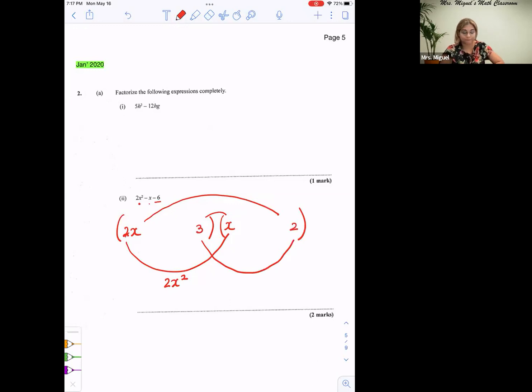Now watch this. 3x, and this is 4x. I want to get minus x, so this must be negative and this must be positive. For 2 marks, it is trial and error. If you can't get it, right?